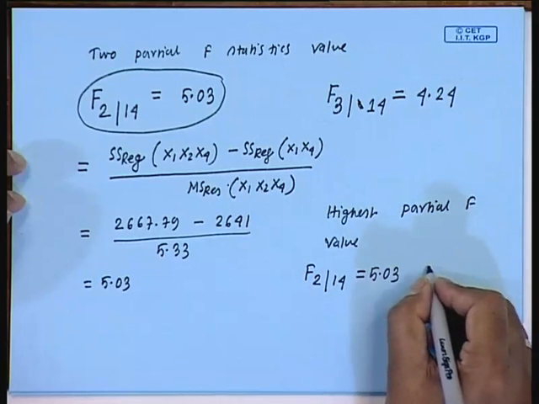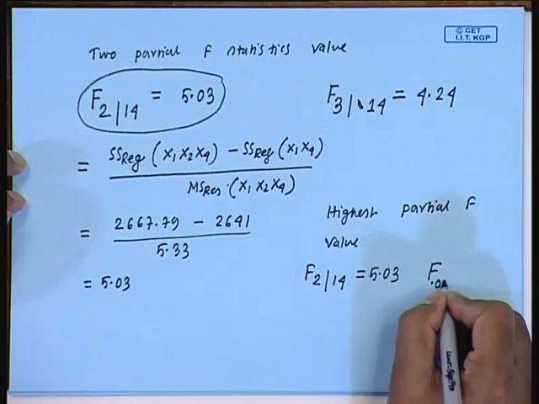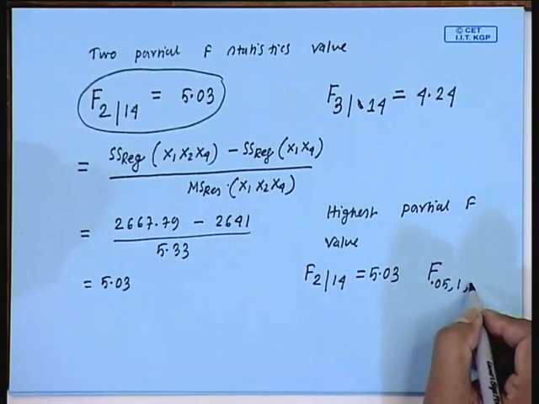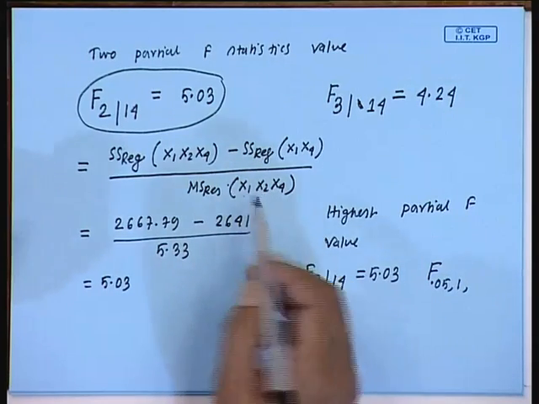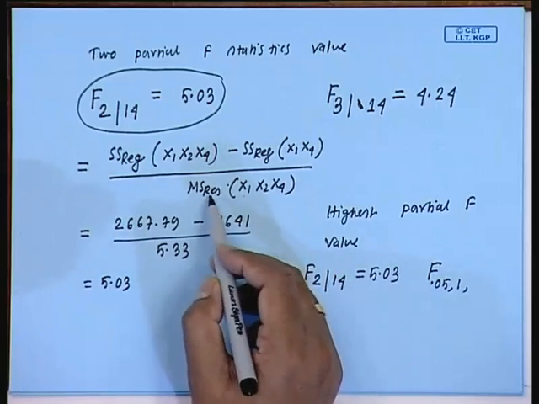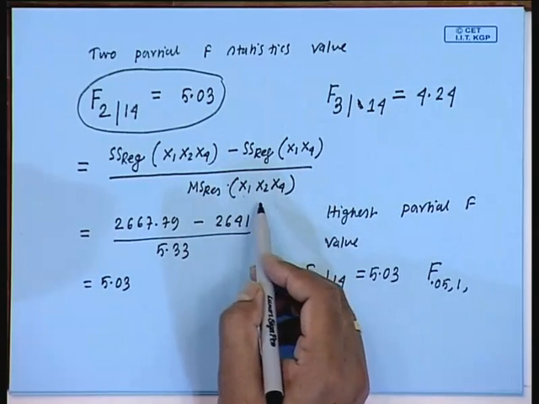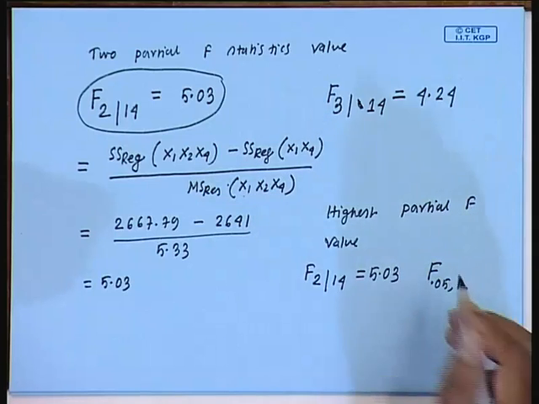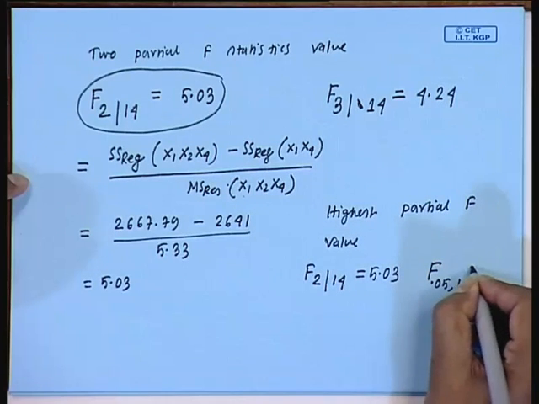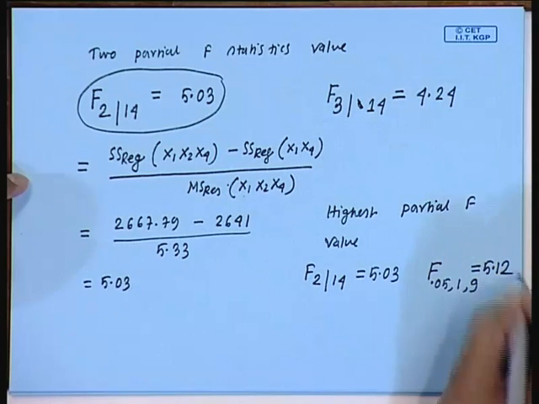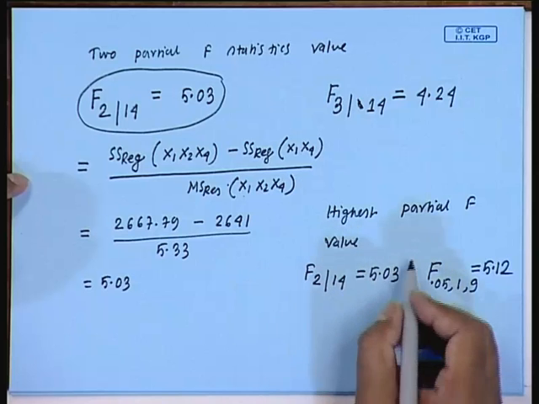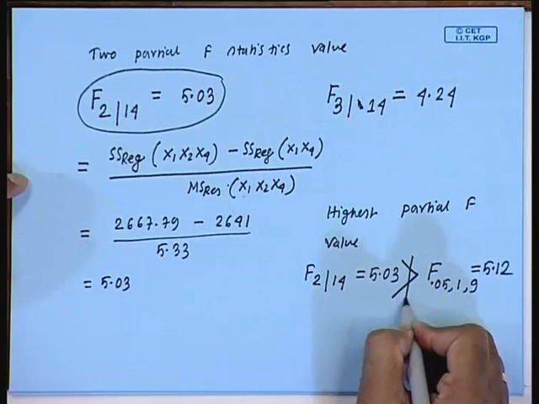Now, what is the tabulated value F 0.05, 1 and the residual degree of freedom. I am talking about three regressors in the full model for computing MS residual, so there will be 4 unknowns, that means the degree of freedom is 13 minus 4, that is equal to 9. So, this value is 5.12. See, now this one is not greater than the tabulated value.